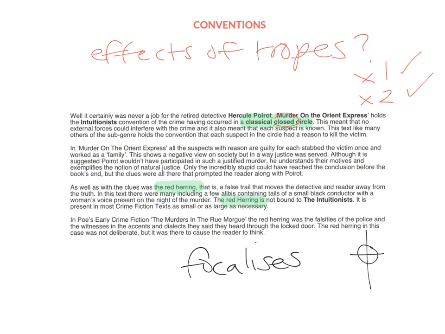There's a nice quote from Dr. Shepherd about the turn of the kaleidoscope. That's a great sort of metaphor for reading this kind of fiction and how writers like Christie operate. There's a decent line there at the end of the second paragraph, but the clues were all there that prompted the reader along with Poirot.